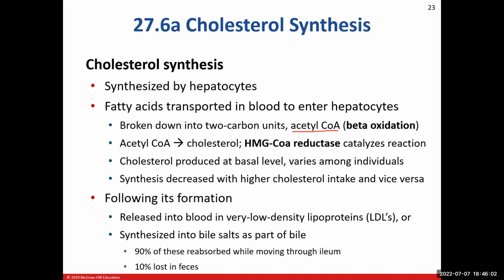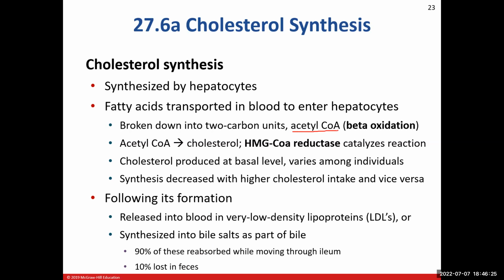And so we need acetyl-CoA because that is going to be our starting point to make our cholesterol, because we're going to build onto that 2-carbon unit. So beta oxidation is the process that we break down those fatty acids into acetyl-CoA.